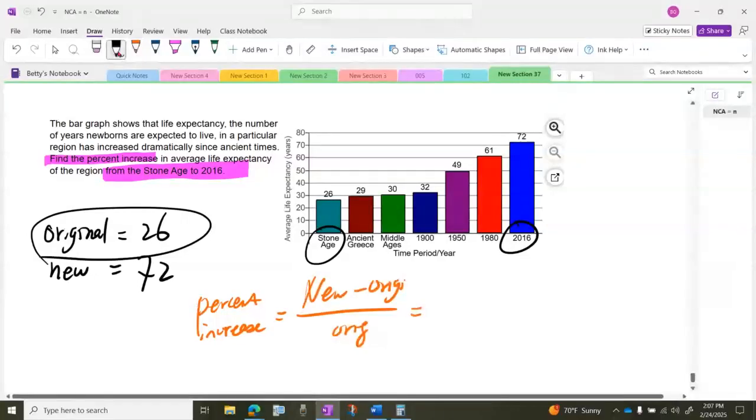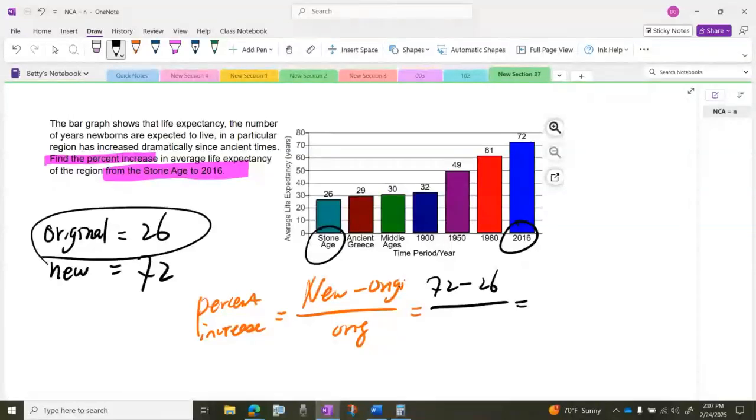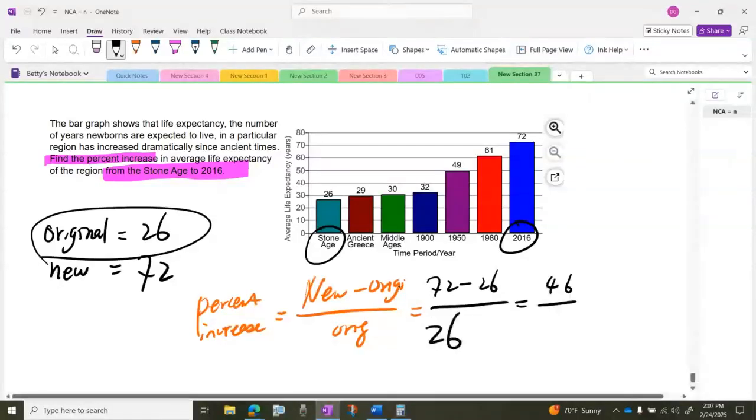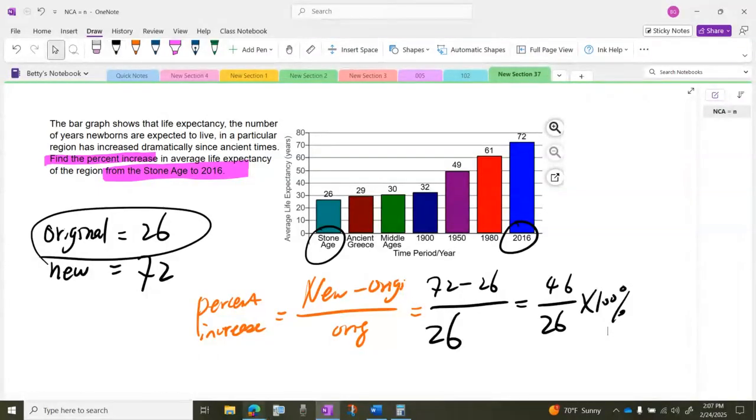New value is 72 years old. Original is 26 years old. And that's how much has gone up, 46. Divide by the original because you're comparing with the original, and multiply by 100 and attach the percent sign. And then round it. Very, very important.